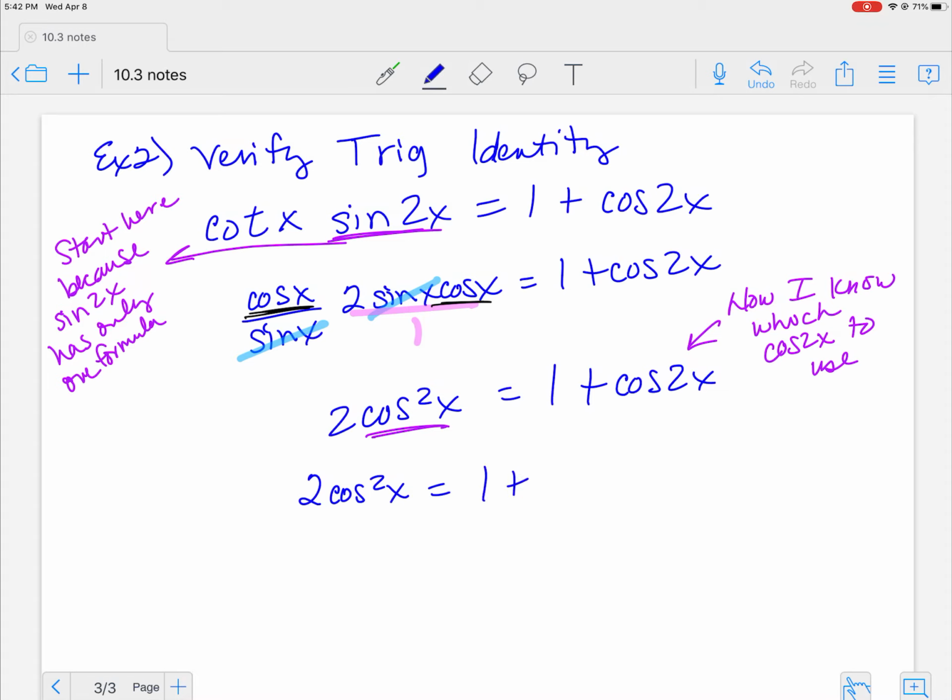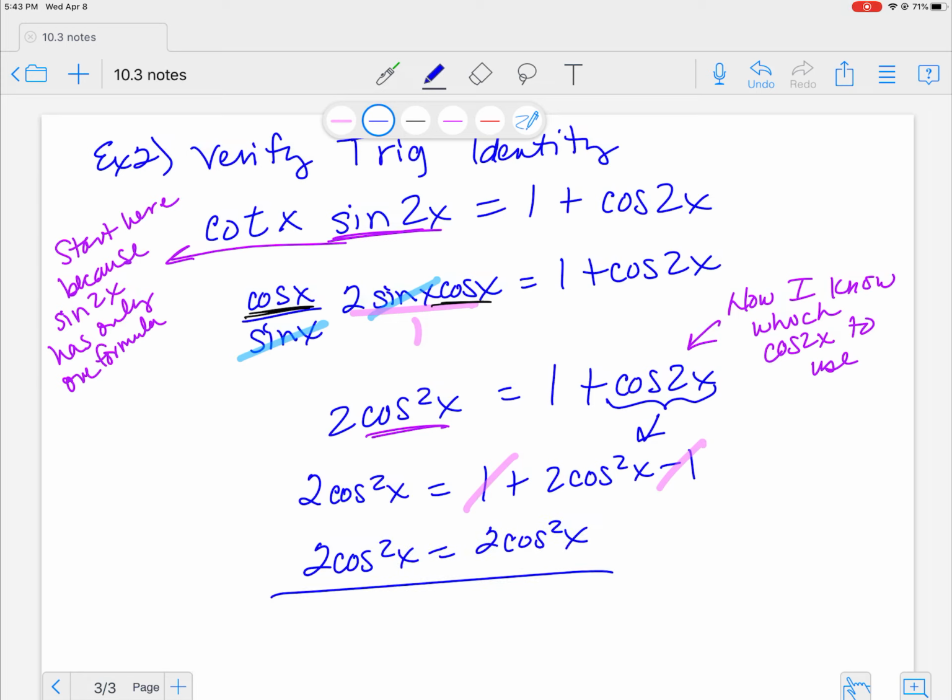Because of the cosine squared right here, I'm going to use the double angle formula for cosine that deals with cosine squared. So I have 2 cosine squared x is equal to 1 plus, and then my formula is 2 cosine squared x minus 1. That's my formula.